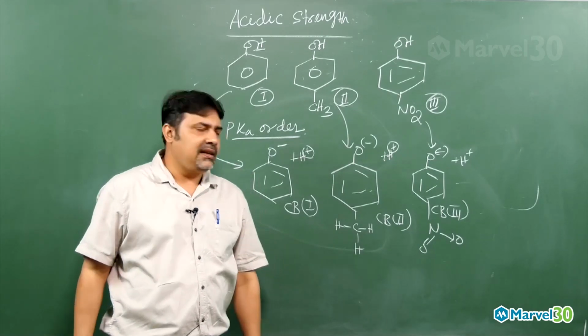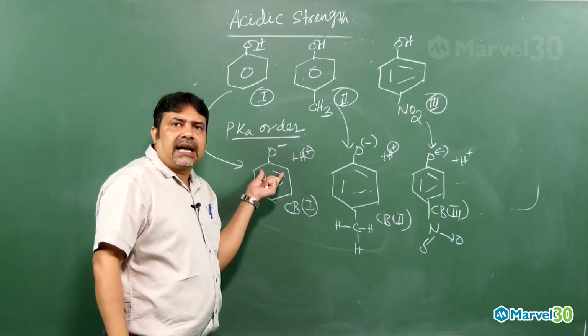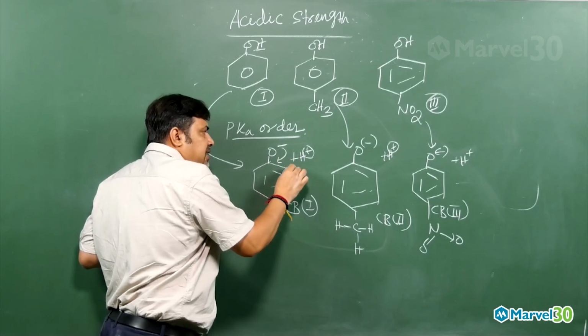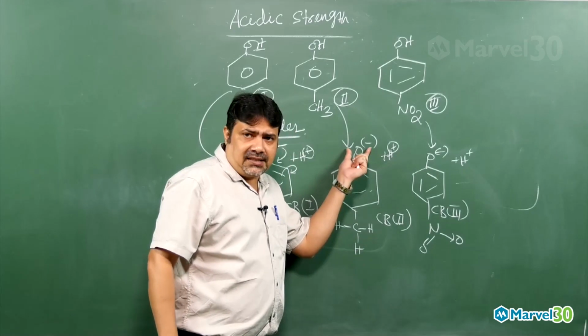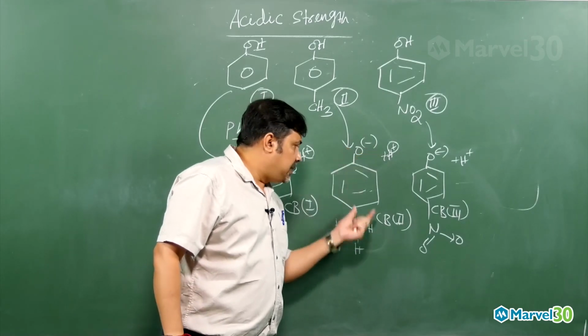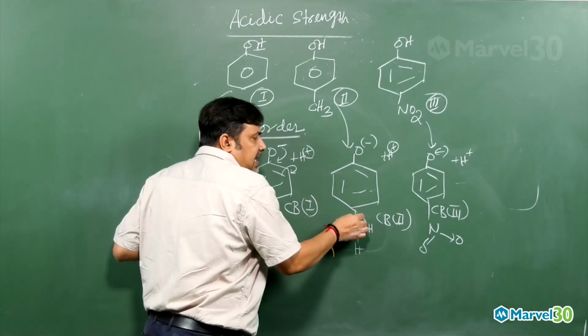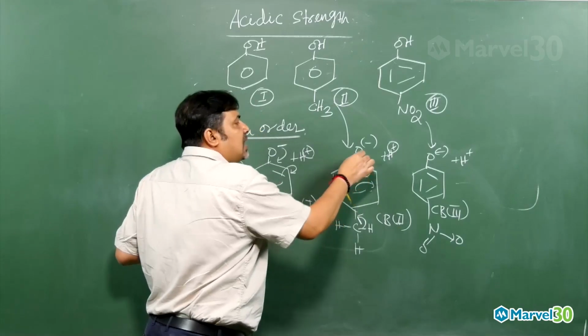Already I explained this. Whenever the phenoxide ion is the conjugate base, it can undergo resonance through the benzene ring. But here the negative charge is already there, and in the para position there is a methyl group. This has the Baker-Nathan effect, or hyperconjugation. It will give electrons towards the O minus.